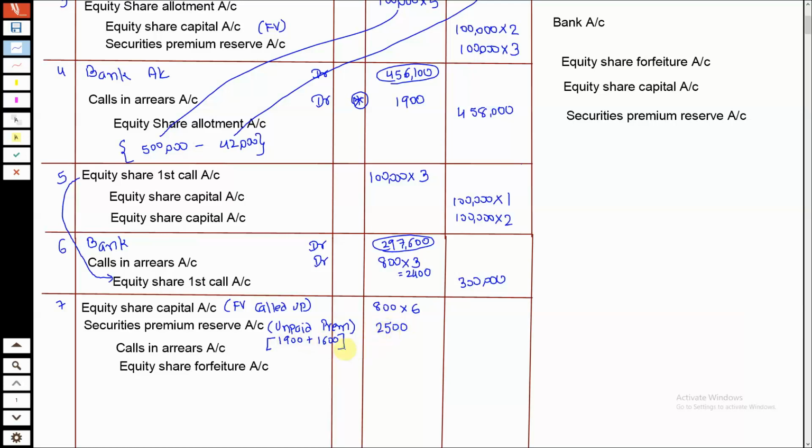Okay, so it will be 3500. Okay, so now calls in arrears. In calls in arrear we write the total unpaid amount including premium.